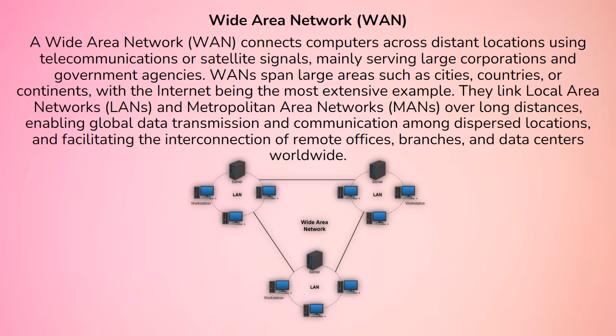They link local area networks, LANs, and metropolitan area networks, MANs, over long distances, enabling global data transmission and communication among dispersed locations and facilitating the interconnection of remote offices, branches, and data centers worldwide.